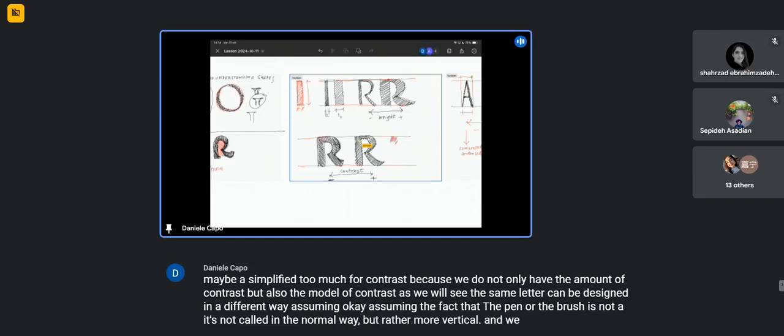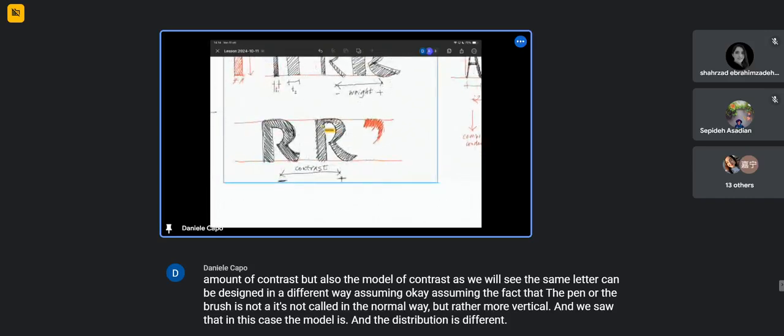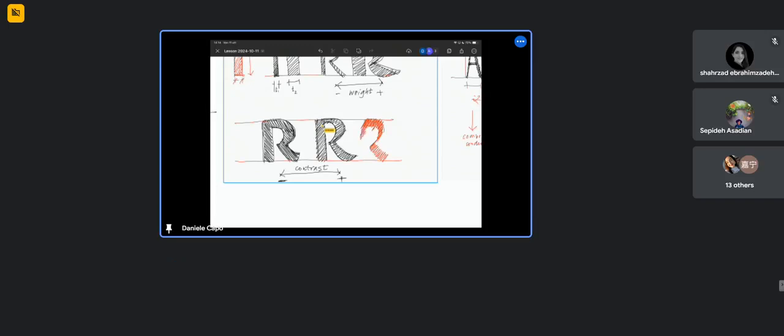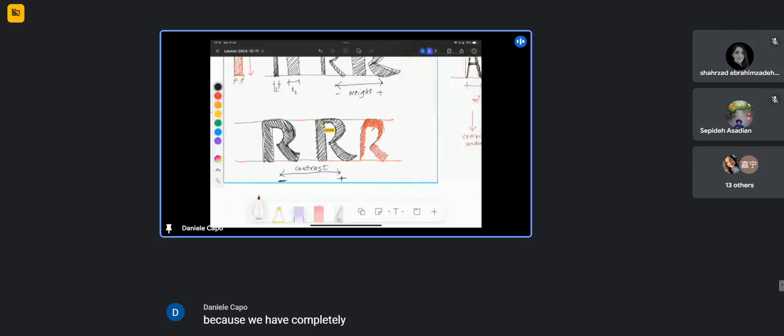And we saw that in this case, the distribution is different, because we have a completely different relation between vertical and horizontal lines. Okay.